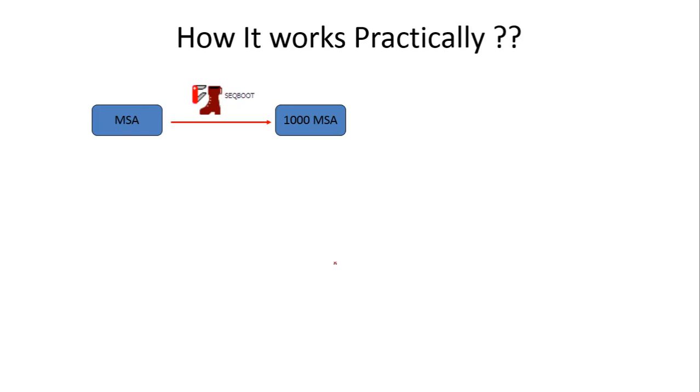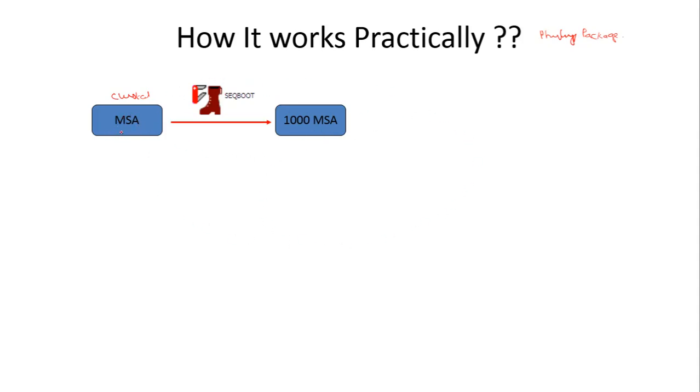Okay, so now how would these things practically work, right? Well, say for example, you might generate a multiple sequence alignment using software like Clustal. Okay, and if you are using a computer program or a set of computer programs called the Phylip package, then this is how you might work.